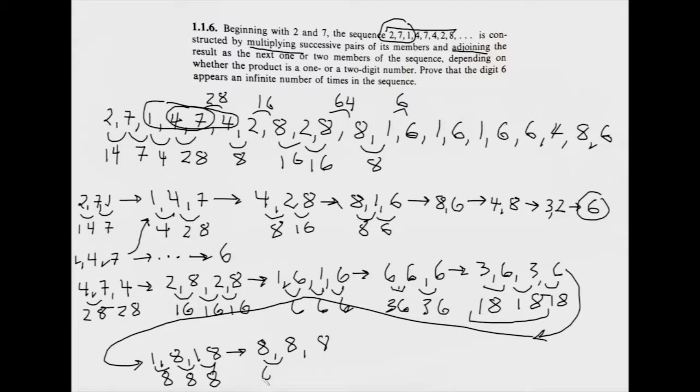And this will generate 6, 4, 6, 4, and this will generate 24, 24, and 24.